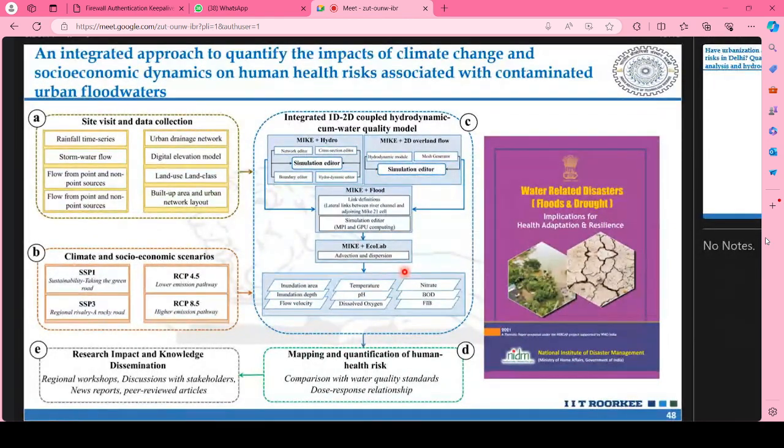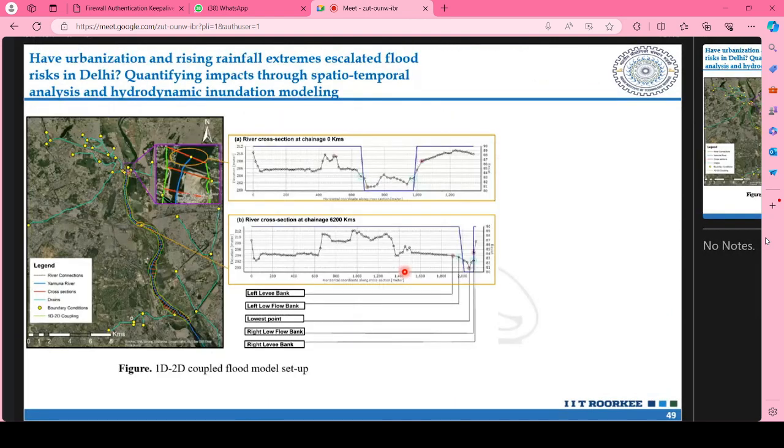Apart from that, we are trying to integrate the flood model with a water quality model, so that we can understand the water quality standards after the flood has occurred, post disaster. From the output of the flood model and the water quality model, we are going to get the human health risk parameter.